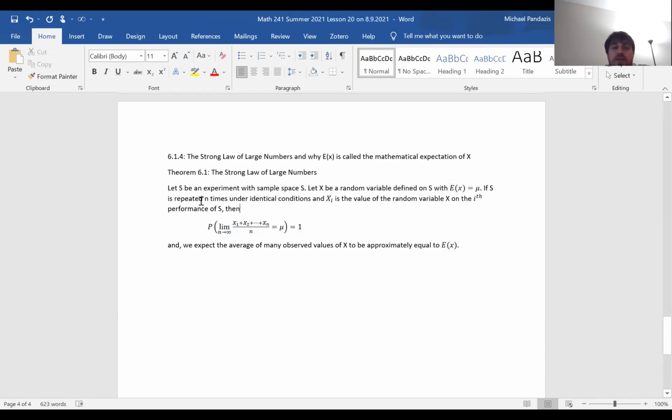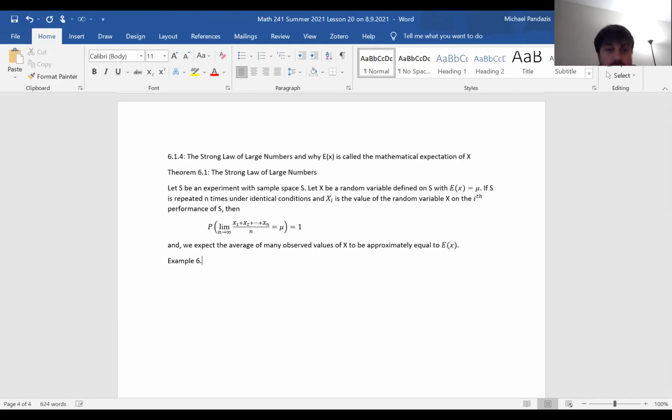The sum of x1 to xn is the sum of all the values of your experiment for those n times, and you divide that sum by n, getting the average value. So as the number of repetitions gets larger, the average you find approaches E of X. That's the strong law of large numbers.